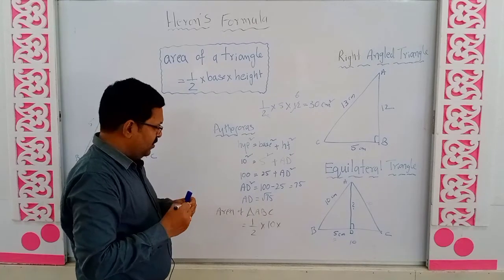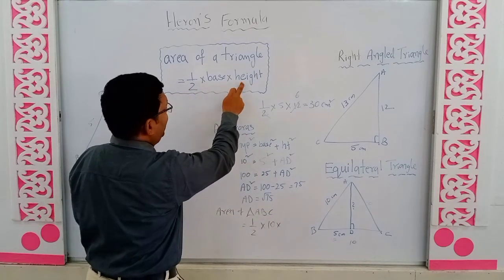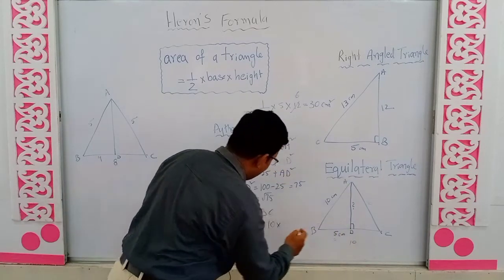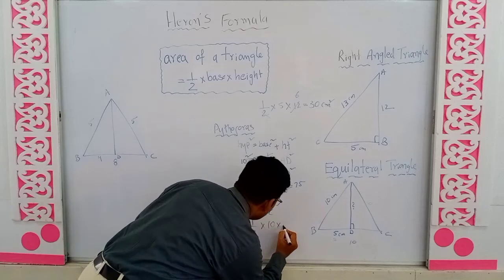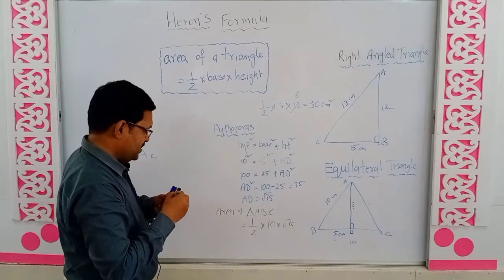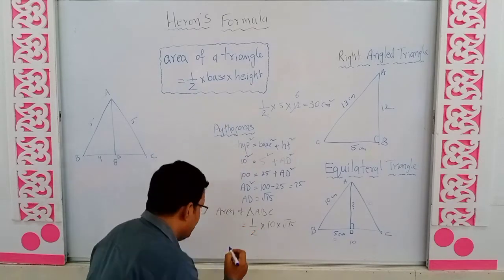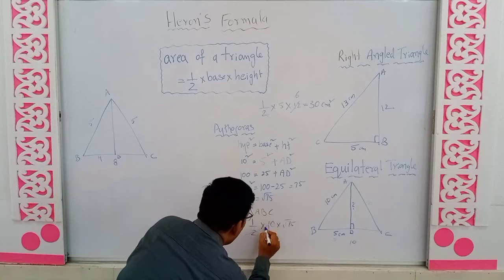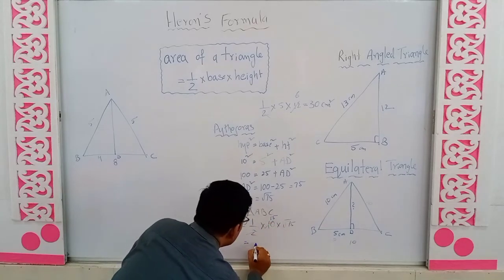Half into base into height. Then what is the height? AD. We got root 75. Root 75 we can write as two fives. Okay, two fives. Very good.